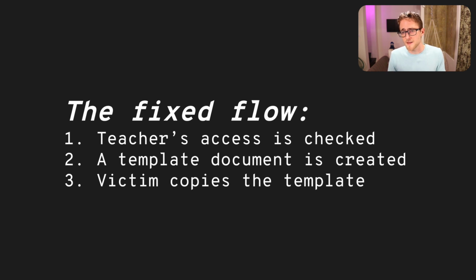After this, the students were making a copy of this template and not the original document. This forced the teacher to only attach a document that she had access to, otherwise the template creation failed and no copy could be made by the students.